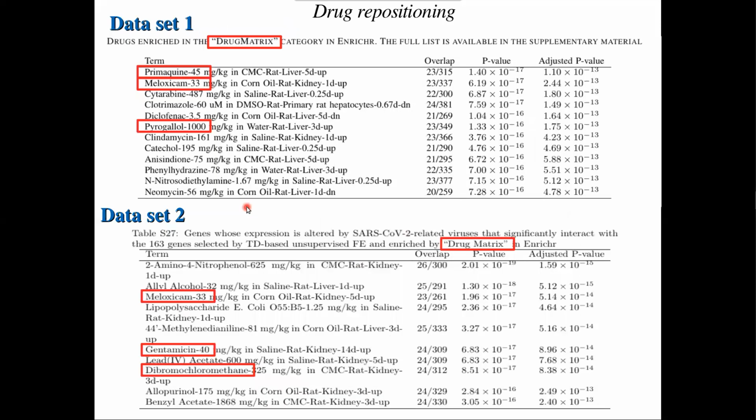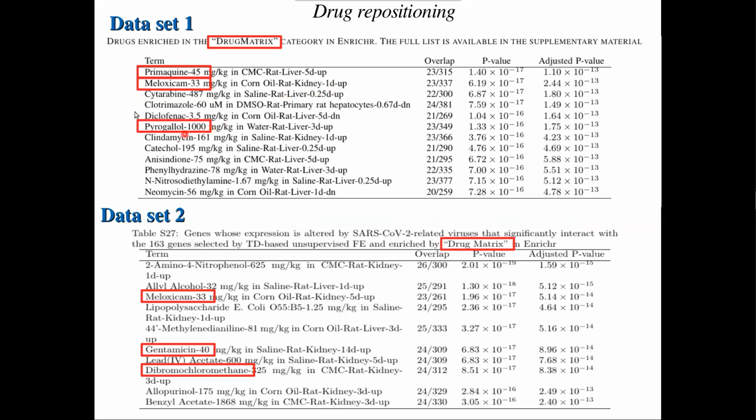Since we have confirmed the suitability of the selected genes, we have tried to find drugs which are effective against SARS-CoV-2 infection. First, we compared our result with DrugMatrix. DrugMatrix stores the gene expression of rat tissue treated with several compounds.